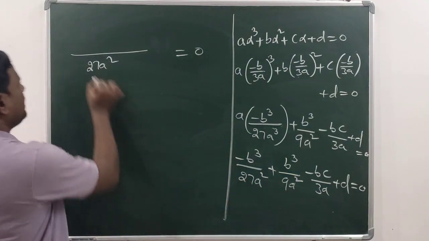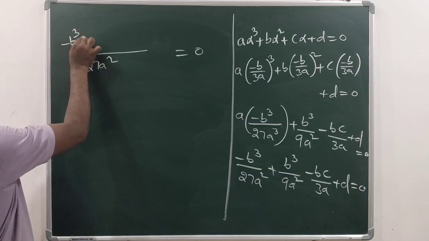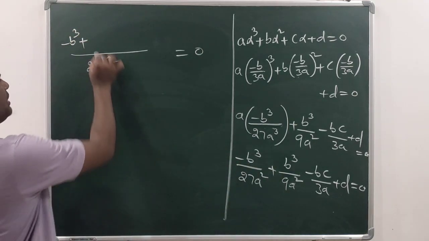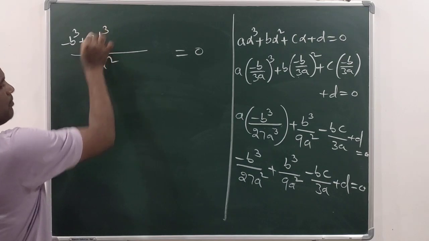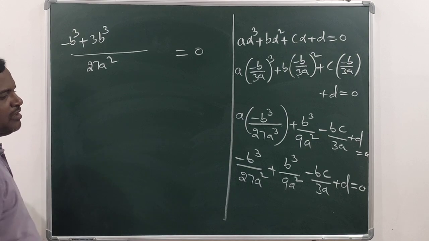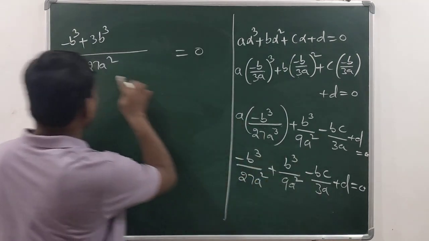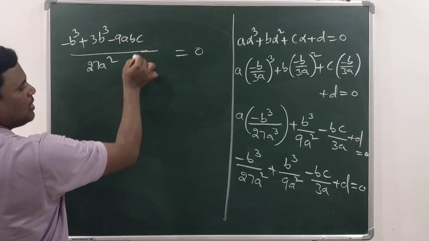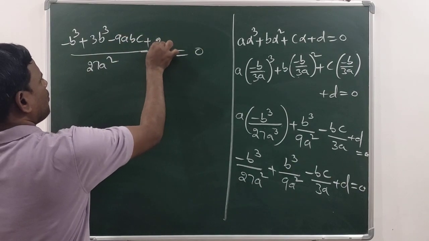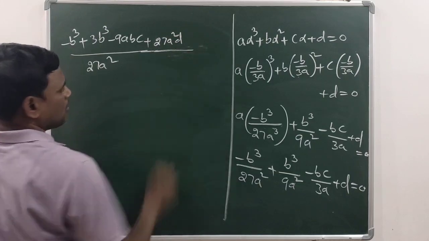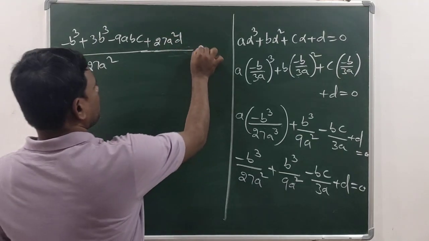Now simplify: minus b cube plus 3b cube, here a is there, here a square is there, so that here you will get 9abc, here 27a square d which is equivalent to 0.